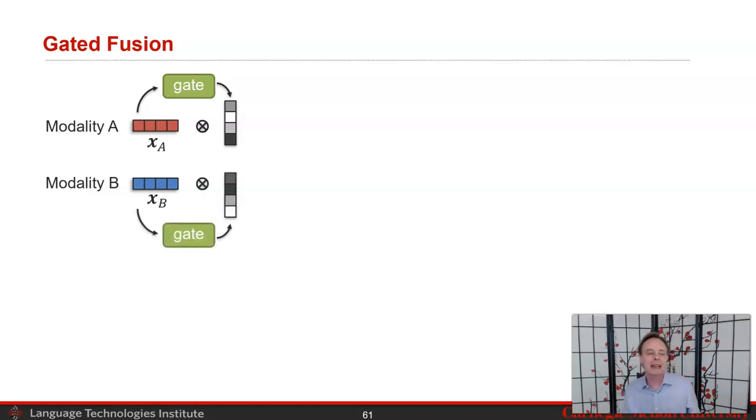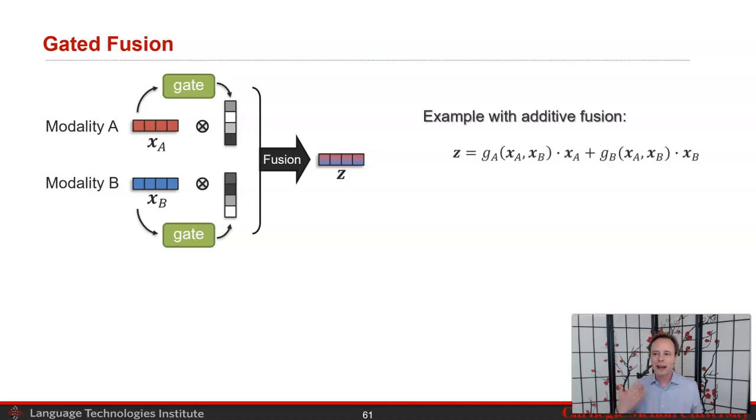Then multiplying this attention with the original value, you now have attended vectors, and then you can do the fusion. The fusion could be just additive or any of the ones we studied earlier.